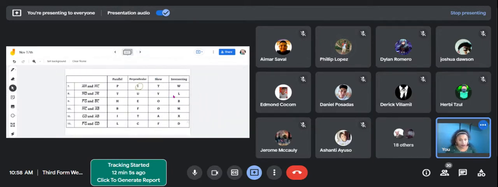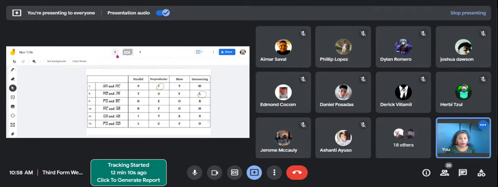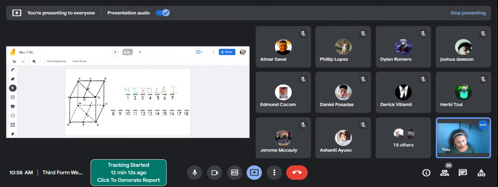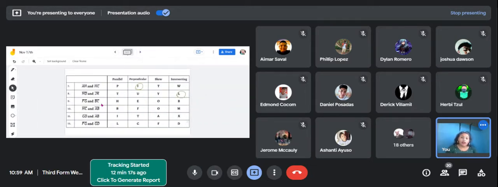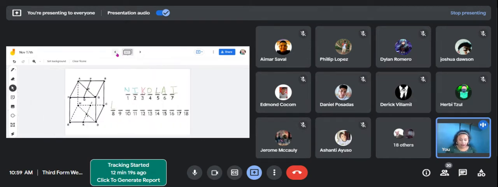So I'm gonna circle intersecting, and that is L. And here we're gonna have an L. FG and BC. Skew lines. Very good. So we're gonna circle here skew line. And that is O.